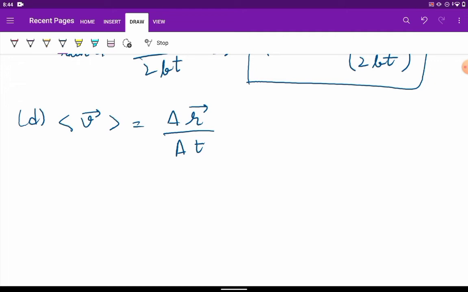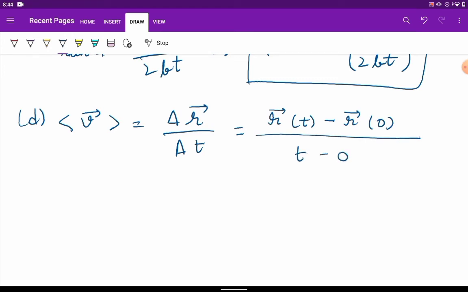Simple, right? So this is r at t minus r at 0, divided by t minus 0.